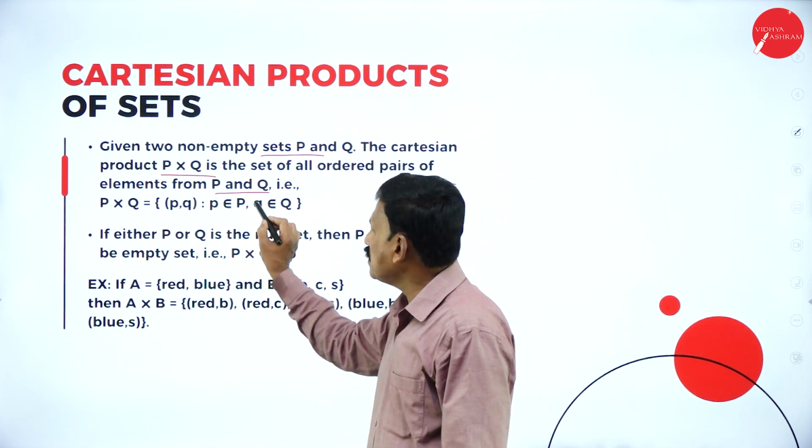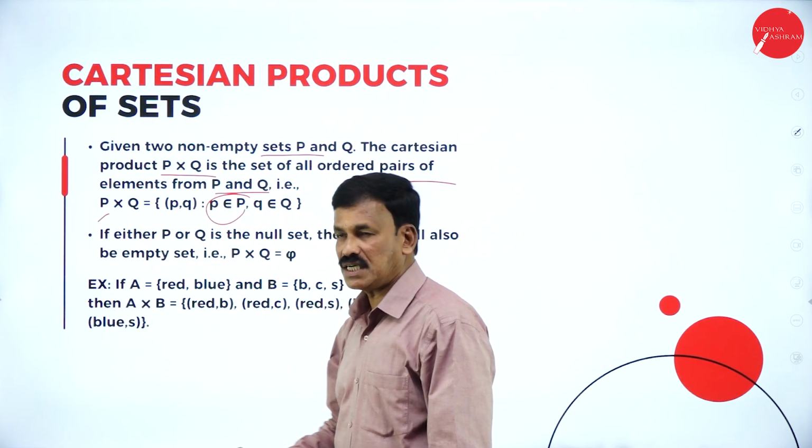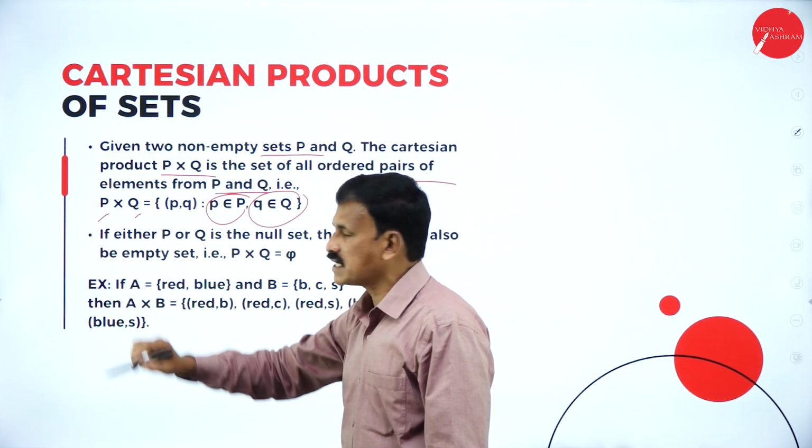That means the first member is an element of the first set and the second member is an element of the second set.